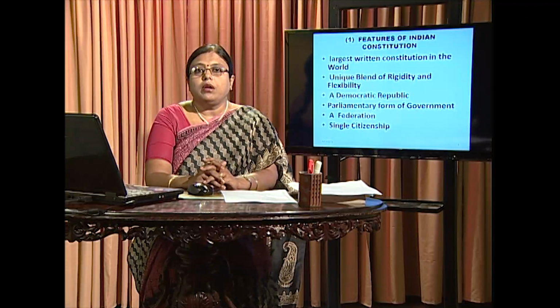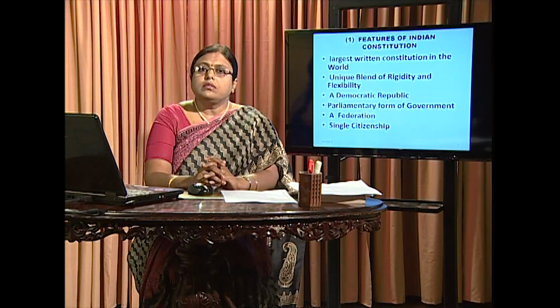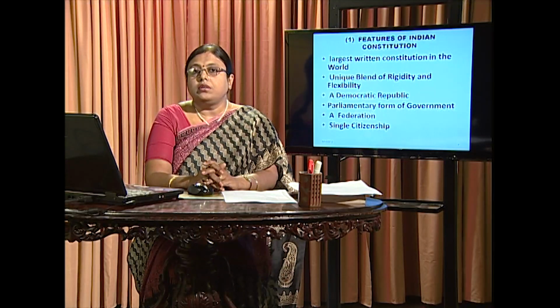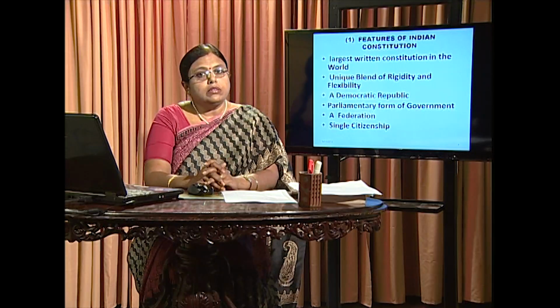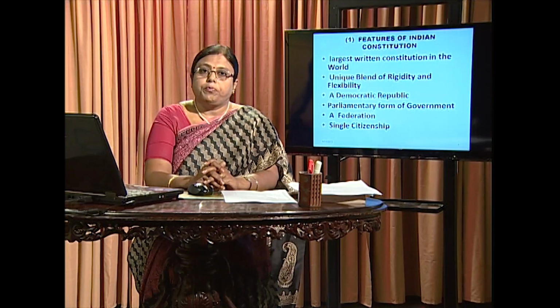It is a republic because both the head of the state, that is the president, and the head of the government, that is the Union Council of Ministers and the Prime Minister, as well as the government in the state, are elected by the people.